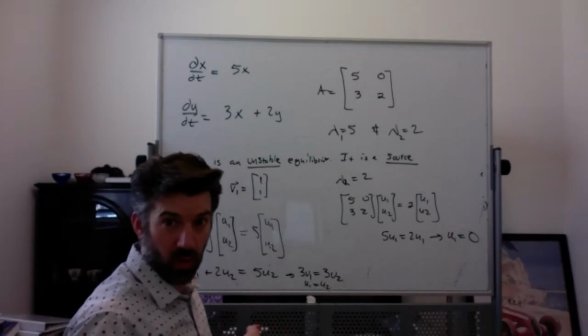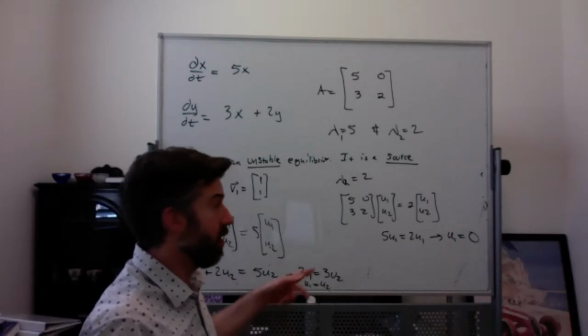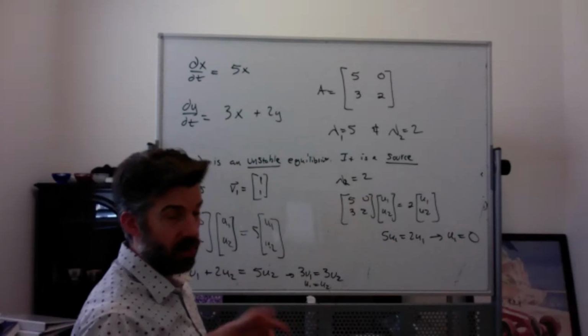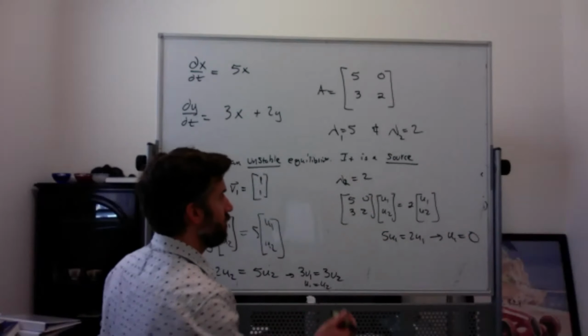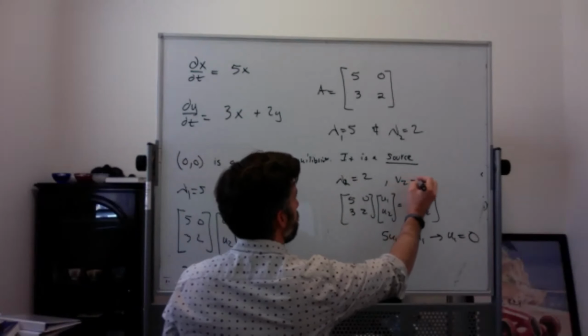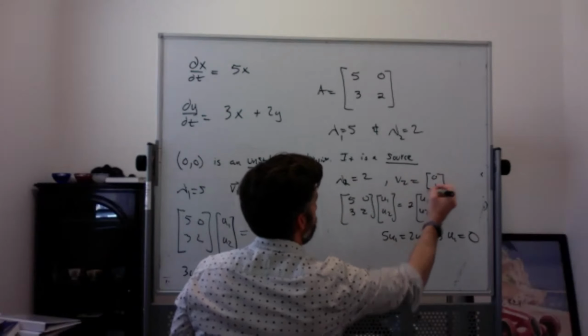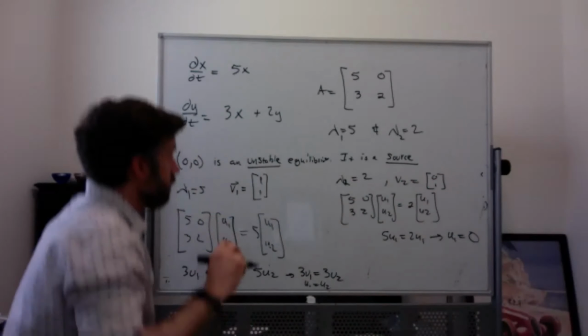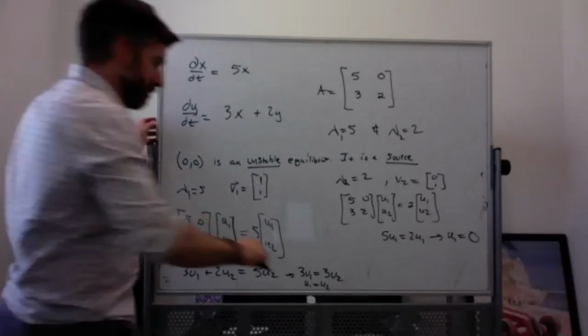Right? There's no other choice. And once you know that one of the parts of the eigenvector is 0, the other part is any non-zero number you want to pick. We're always going to pick 1. So our eigenvector here is (0, 1). Okay. So here's what our solution to this system looks like.